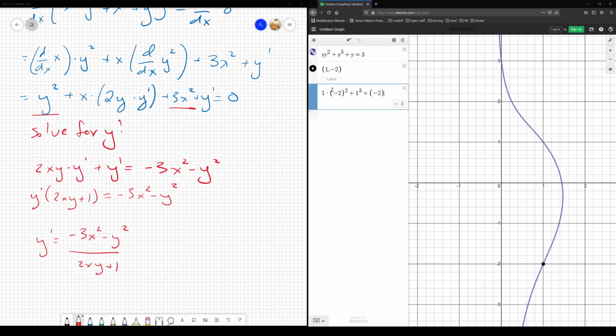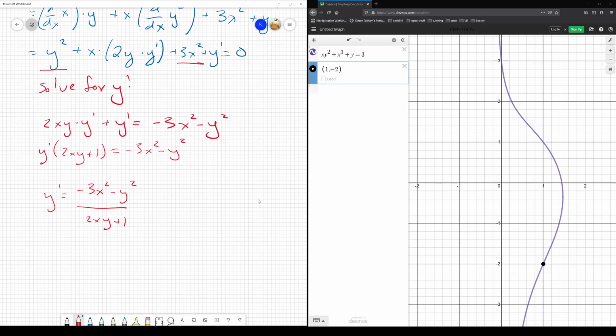All right, so let's use that point. At the point 1 comma negative 2, I get y prime is negative 3 times 1 squared minus negative 2 squared over 2 times 1 times negative 2 plus 1.